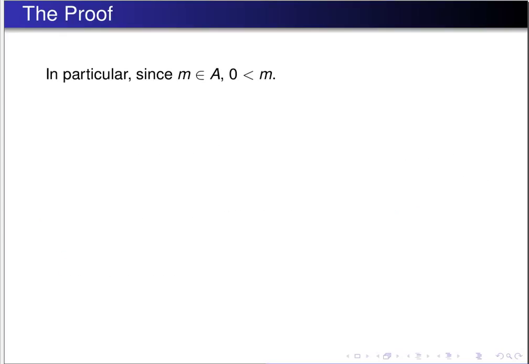Now, in particular, since the minimum m is in the set A, we know 0 is less than m. And since 1 is in A, we know that the minimum has to be less than or equal to 1. Okay, so putting those facts together, we get that 0 is strictly less than m by virtue of m being in A. And by virtue of 1 being in A, 1 is greater than or equal to the minimum, so we have 0 is less than m is less than or equal to 1.